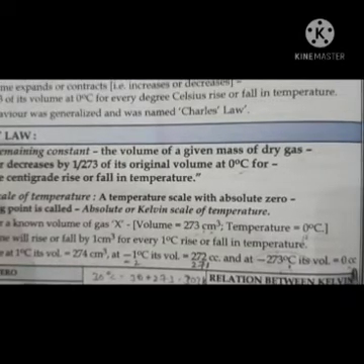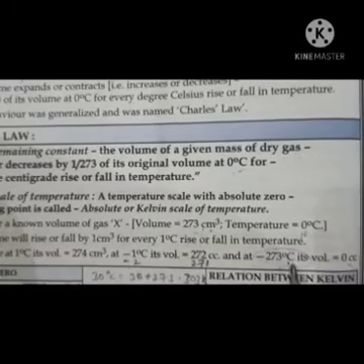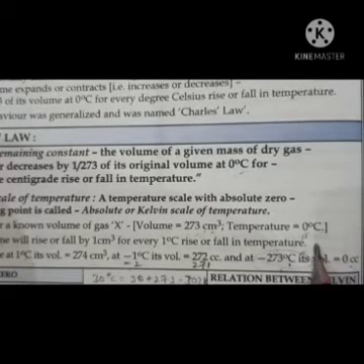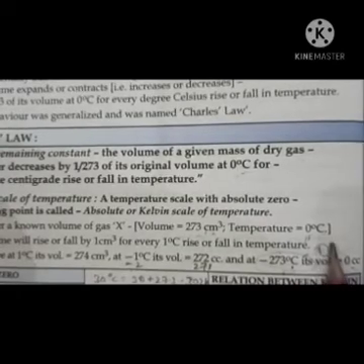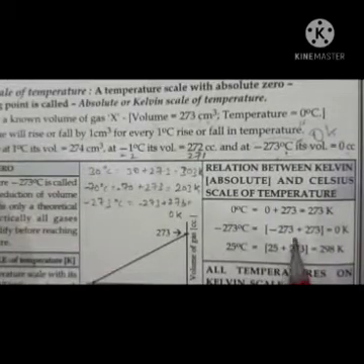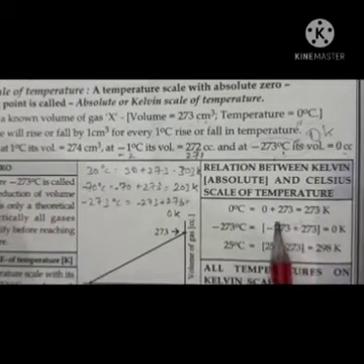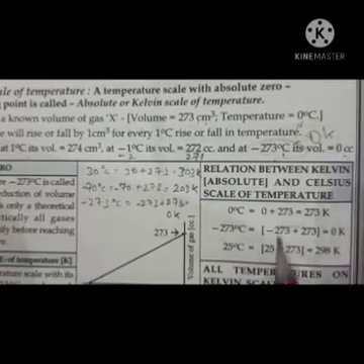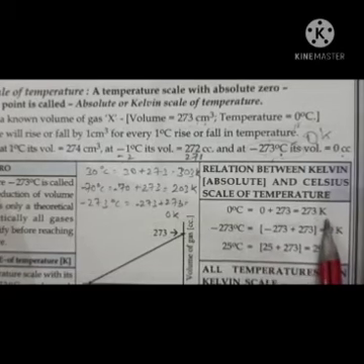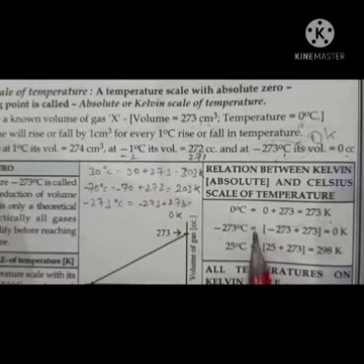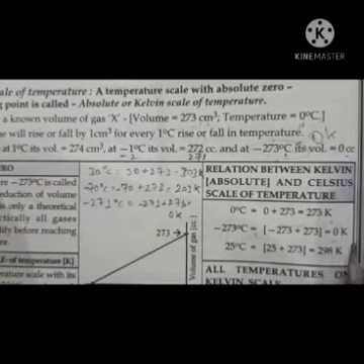Actually this minus 273 degrees Celsius is equal to 0 Kelvin, and that is why it is also called absolute zero. The relation between the Kelvin scale and the Celsius scale is that 0 degree Celsius is always equal to 273 Kelvin, and minus 273 degrees Celsius is equal to 0 Kelvin.